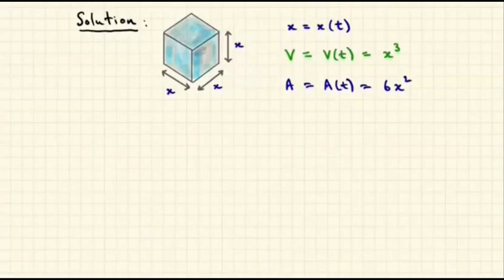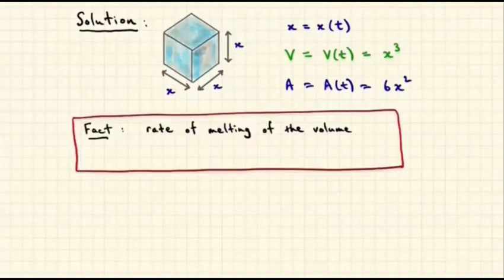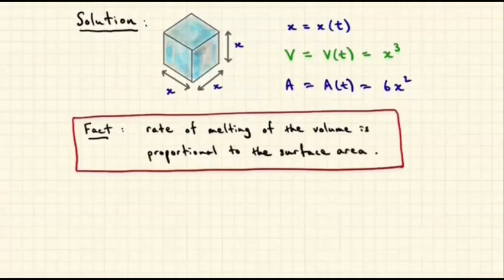This makes good intuitive sense: the surface of the cube is where the cube interfaces directly with warm air in the room. So the more area there is on the surface of the cube, the more of the substance of the cube, measured by volume, should disintegrate from solid into liquid and drip into the tray below.